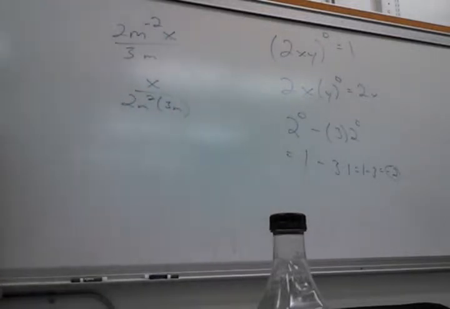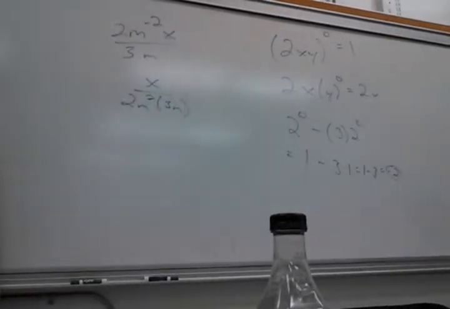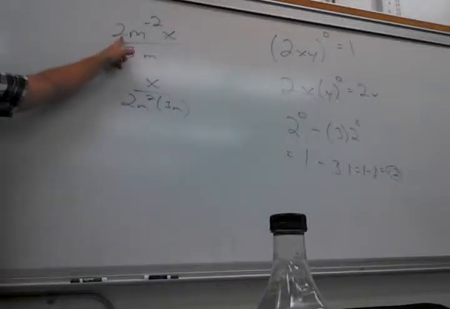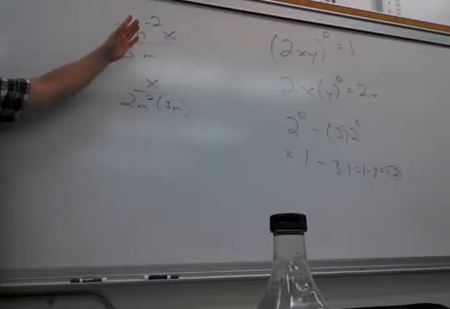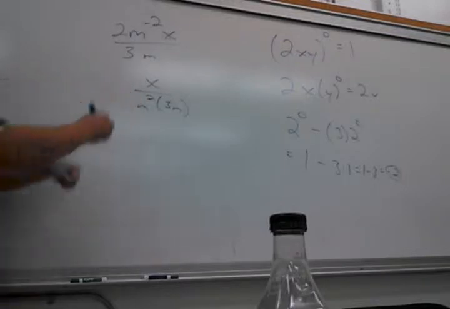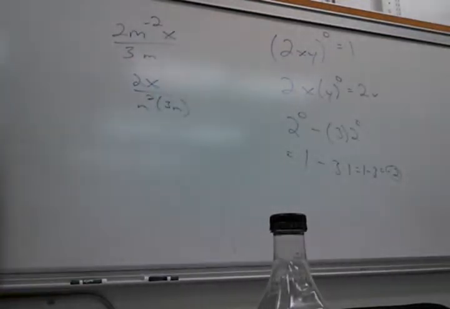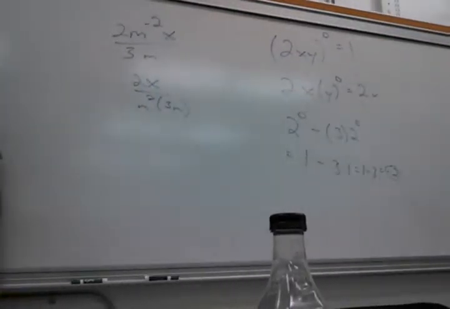Now they almost got something right here. They just went too far with this. The 2 doesn't move. Why would the 2 move? Is it being raised to a negative power? What power is it being raised to? 1. What's the only thing being raised to a negative power? So that shouldn't go down there. That should stay up here. Only the part being raised to the power gets affected that way.